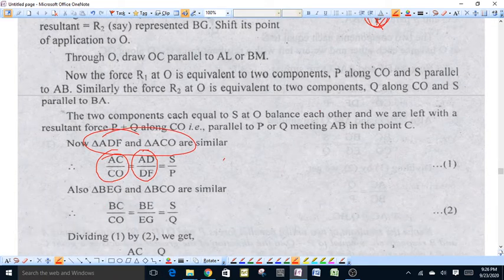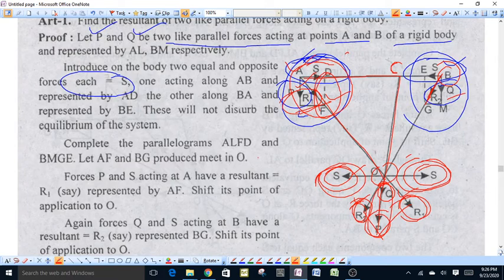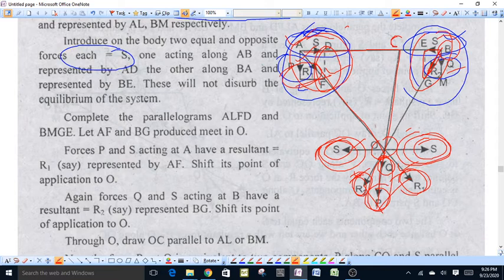This means AC upon CO is equal to S upon P. Similarly, this triangle BEG is similar to triangle BCO.